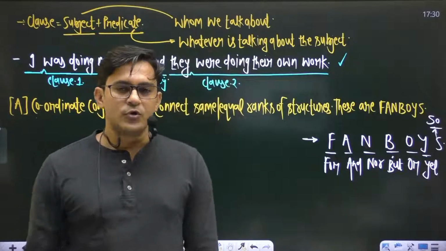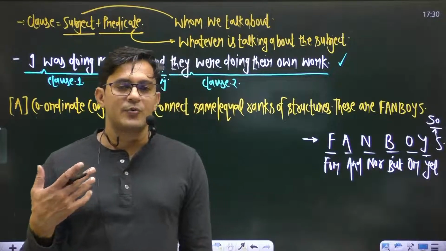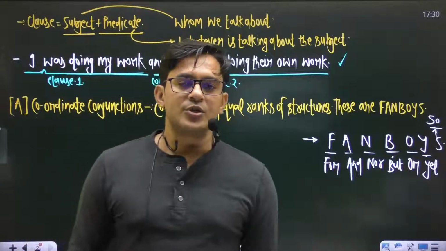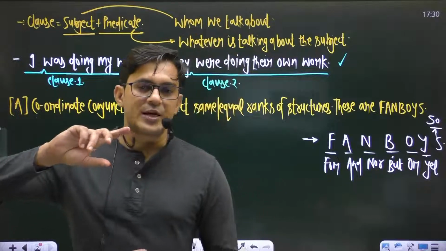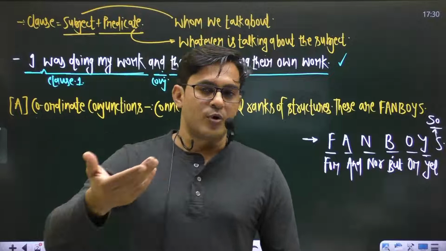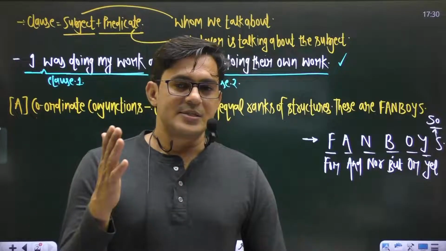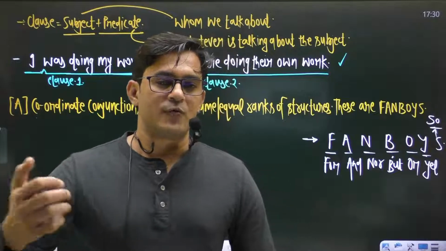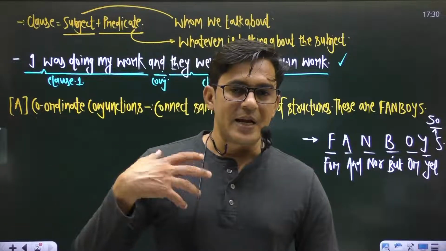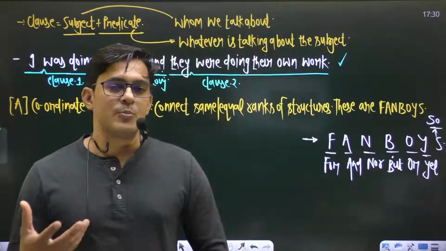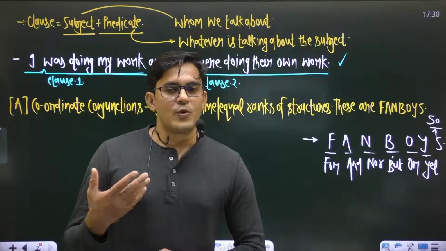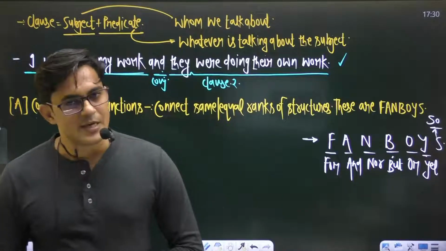If you don't remember or don't recognize coordinate conjunctions, just try to recall the word FANBOYS. If you know these 7 letters denote 7 different conjunctions, by learning this word you will be able to recall what coordinate conjunctions actually are.